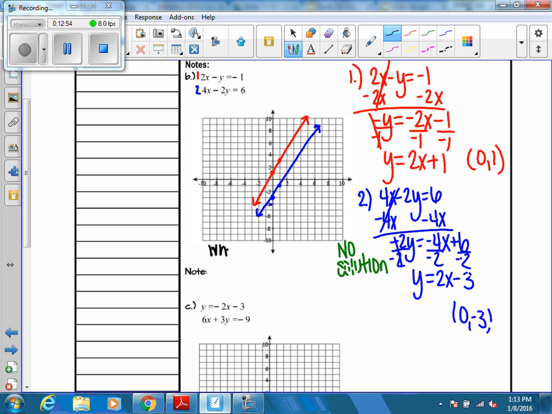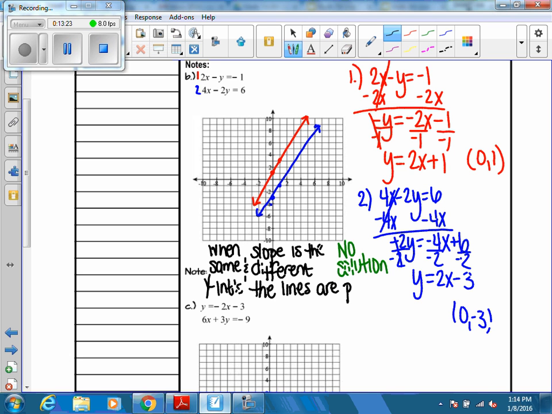So when the slope is the same and there are different y-intercepts, the lines are parallel. So the lines are going to be parallel.